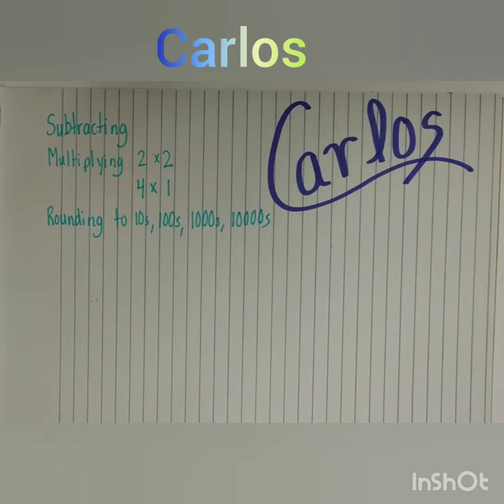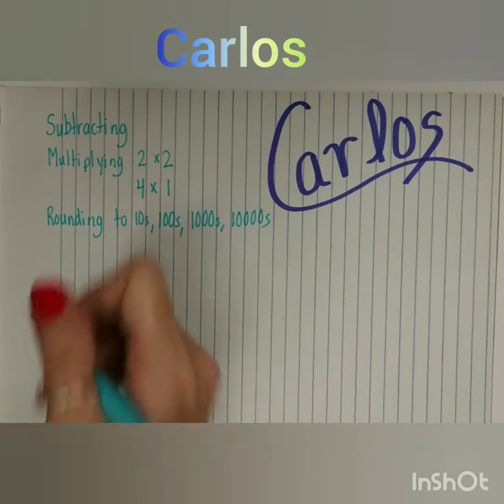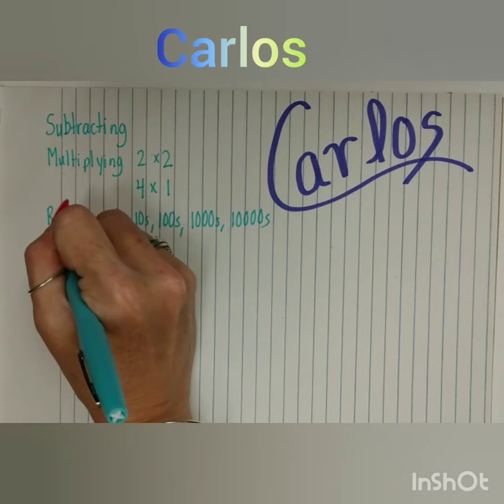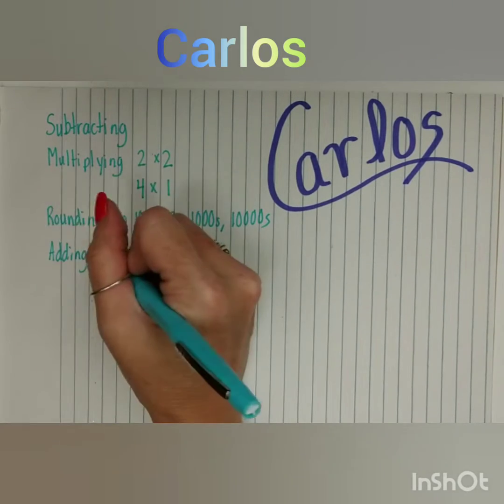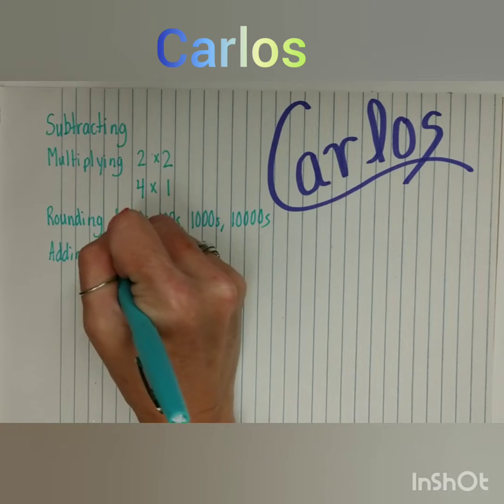Then fractions, solving word problems, and adding and subtracting fractions. So these are the things that i-Ready says you need a little help on to get you ready for FSA.